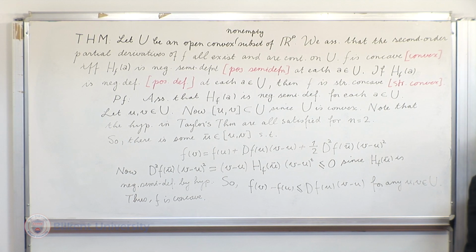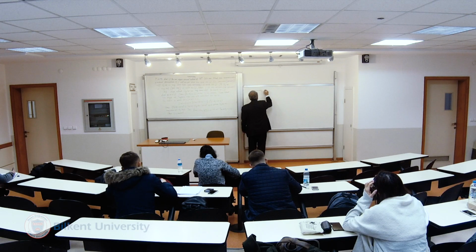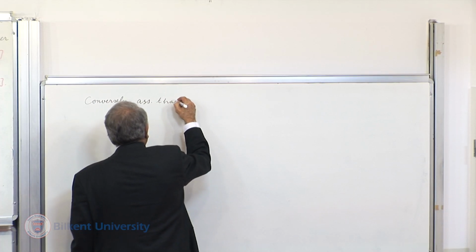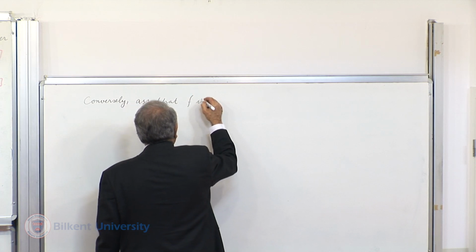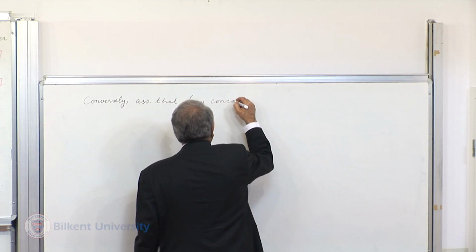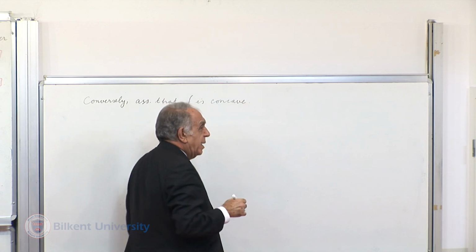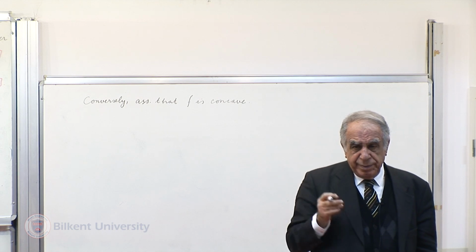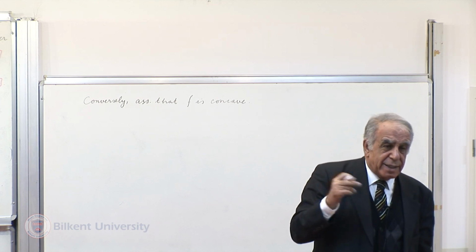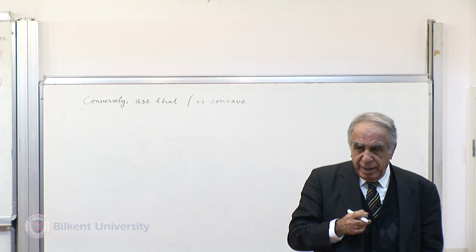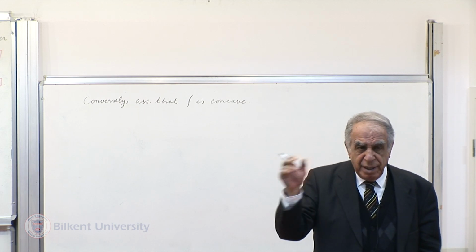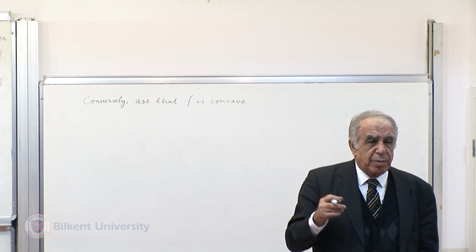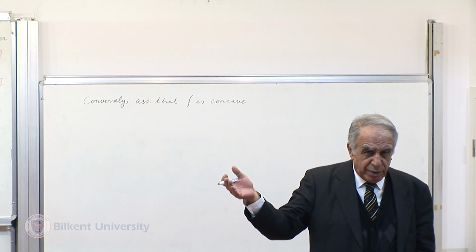Conversely, assume that F is concave. Now, what do we need to show? For any A in U and for any X in R^p, X times the Hessian matrix of F at A times the transpose of X should be less than or equal to 0.